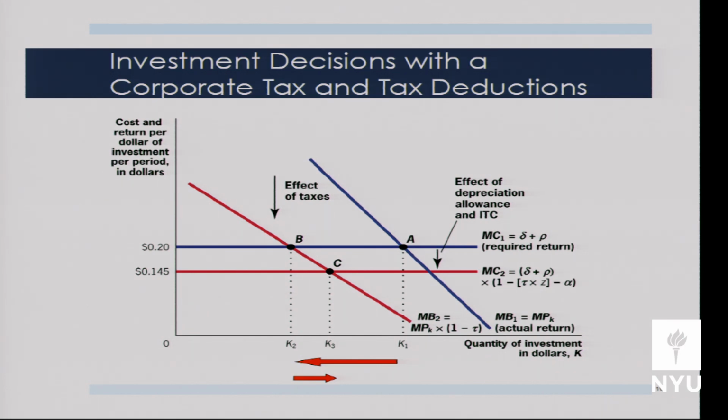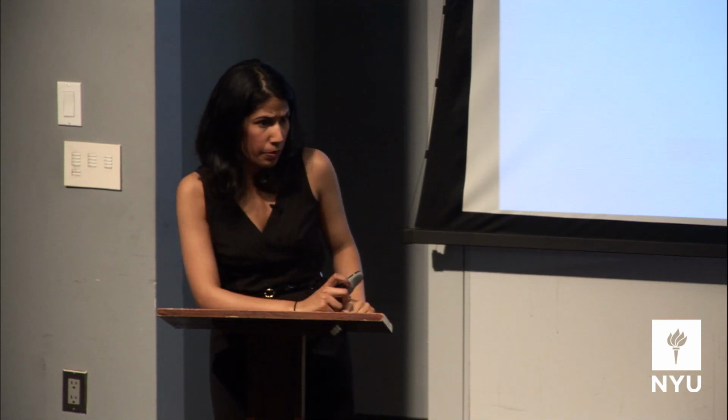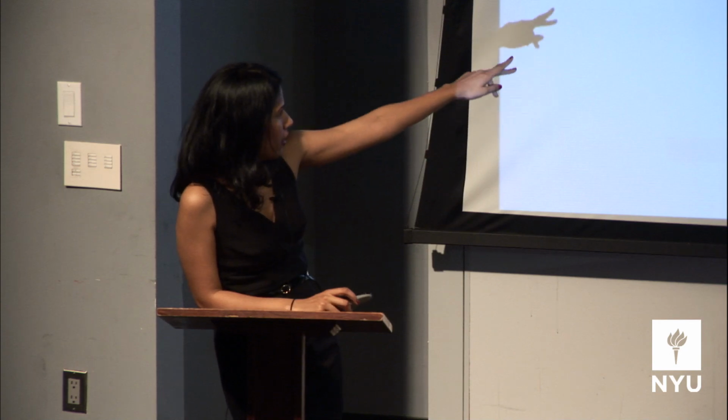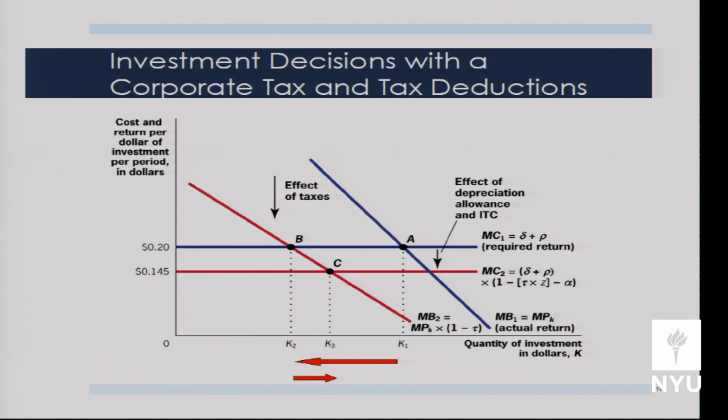on corporate income. The effective tax rate on corporate income, or on firms, is in fact the new MPK less the old MPK divided by the old MPK. So it would be the old MPK at C, the new MPK at C, which is what? 14.5, right? Less 20 cents divided by 20 cents.